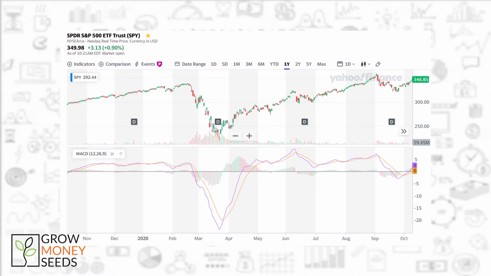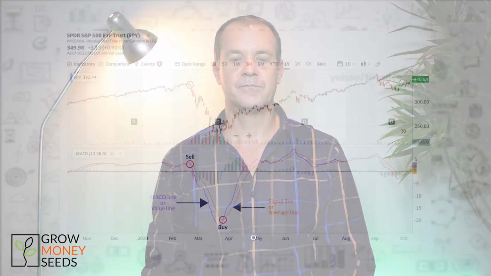This is a trend following momentum indicator, which is normally displayed below a price chart. The indicator plots a MACD or value line on top of a signal or average line. A buy confirmation is generated if the MACD crosses above the signal line, and a sell confirmation is generated if it crosses below the signal line.